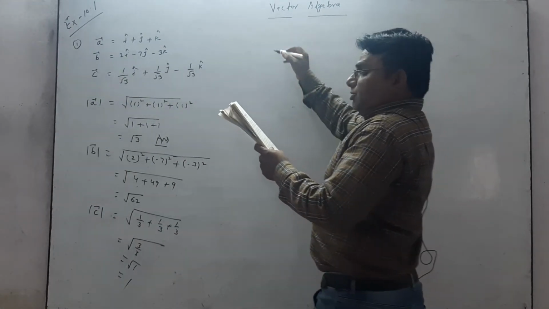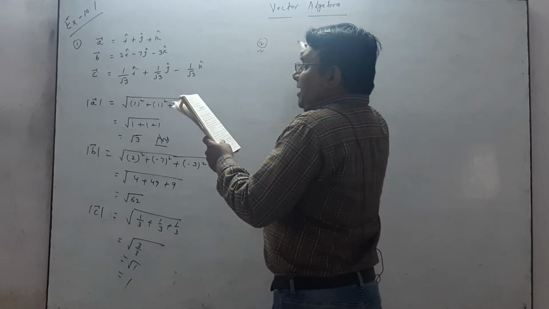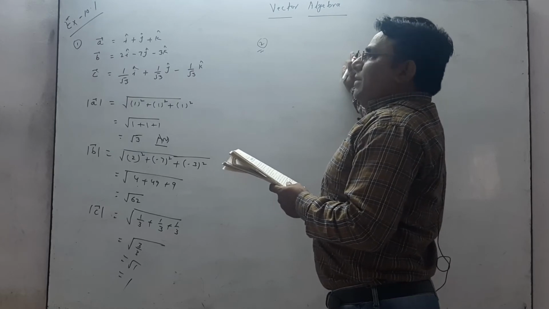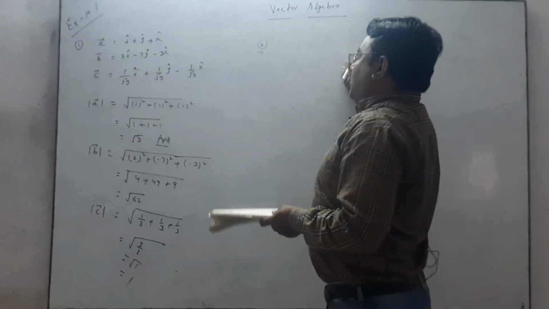Now the second question. Write two different vectors having the same magnitude. You have to write two different vectors whose magnitude is the same. Right?